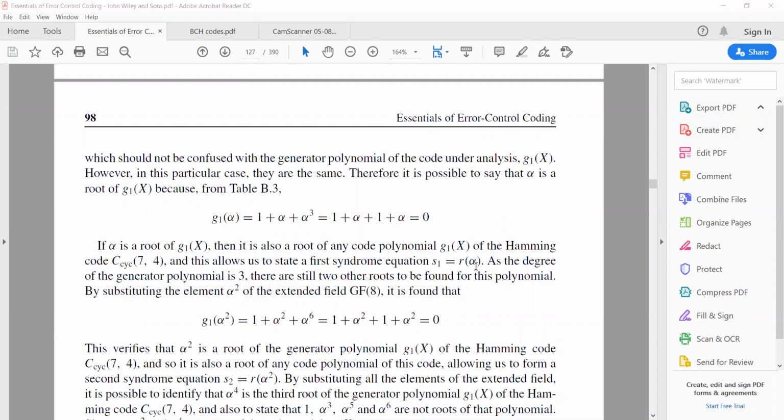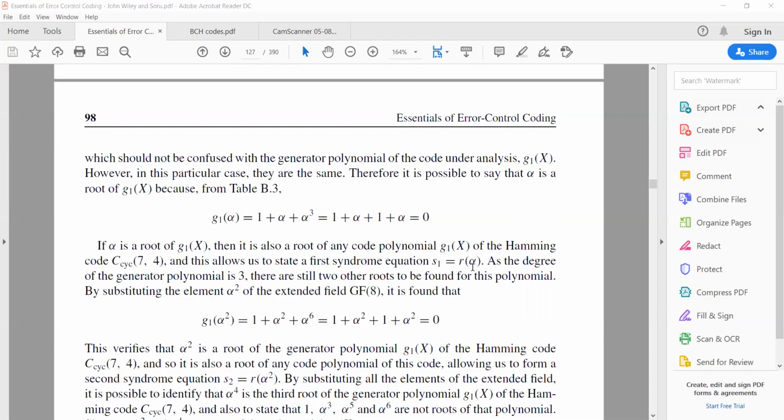Or you can say that root alpha should be present in the received code polynomial. So that's why when I'm using the received code polynomial, this R is present here, R alpha.